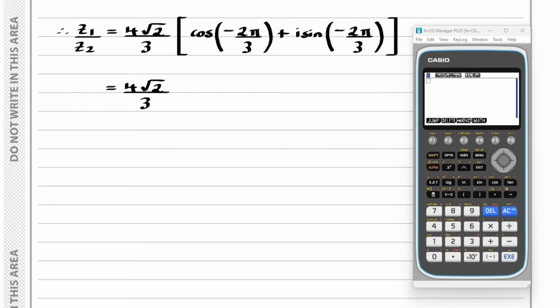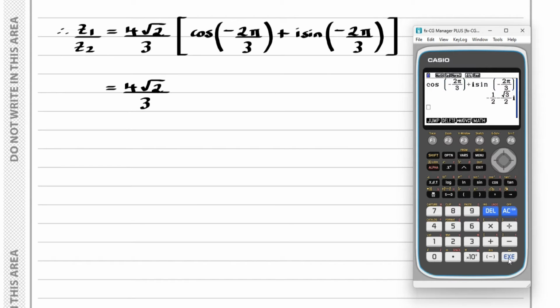So we have 4 root 2 over 3, and if I work out what this complex number is, I have the cosine of negative 2 pi over 3 plus i multiplied by the sine of negative 2 pi over 3.